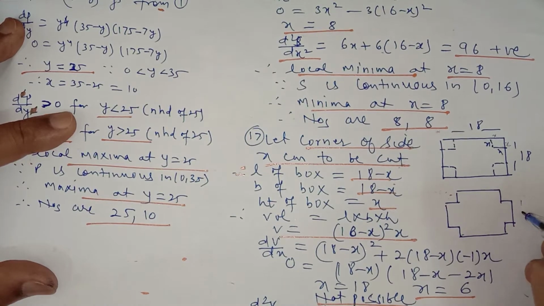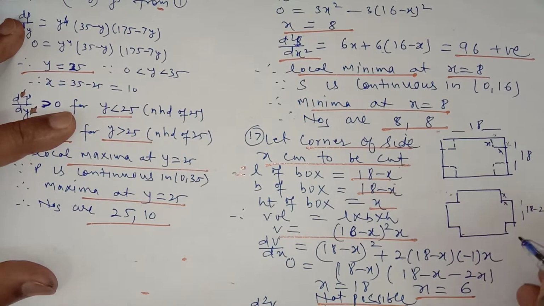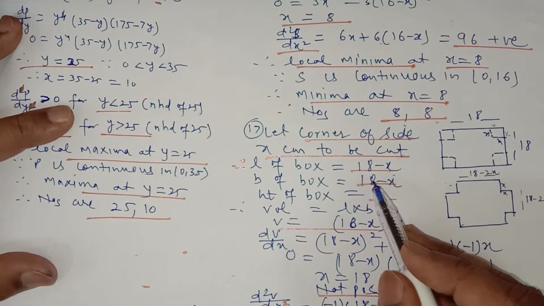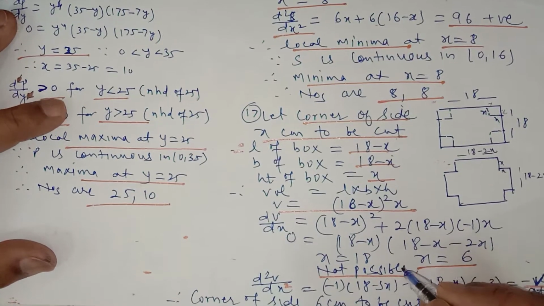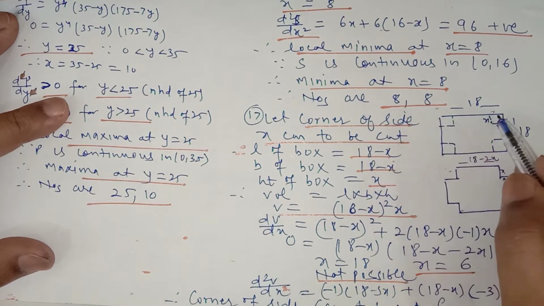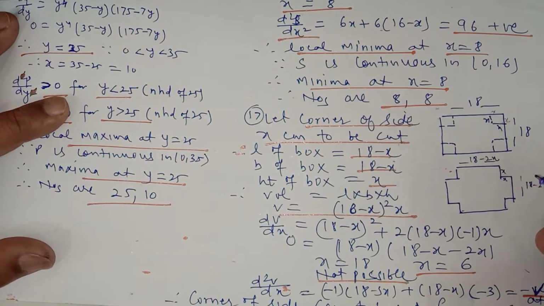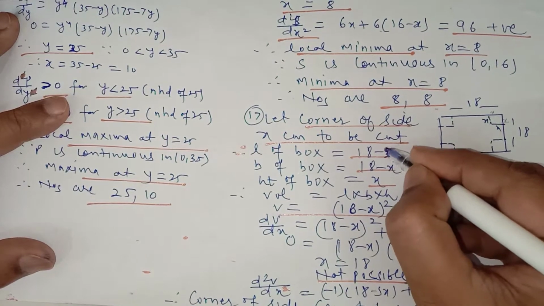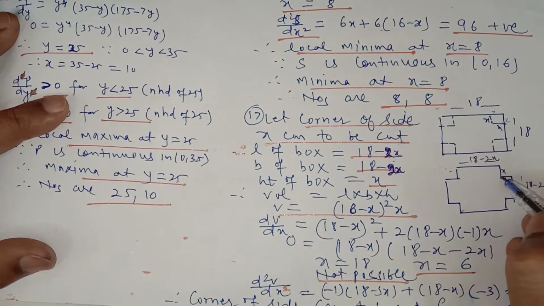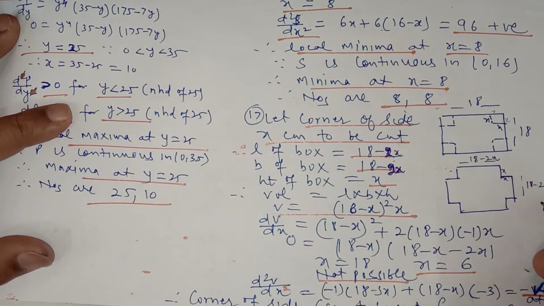Then the length and the breadth will be 18 minus 2x, because x will be subtracted from each end of the 18. The height of the box will be x, when we fold the flaps.